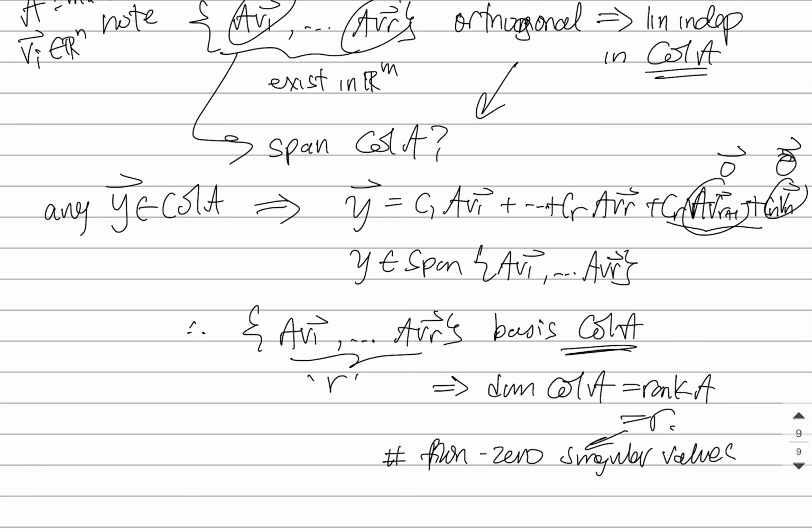That is the best way to determine the rank of a matrix. One small example, but singular value decomposition has a lot of uses, especially now in data analysis, data science. It's a very useful factorization.